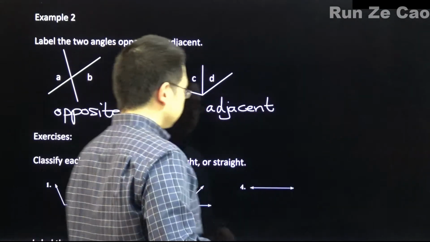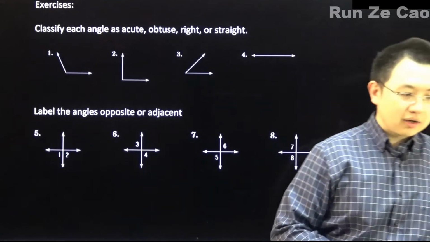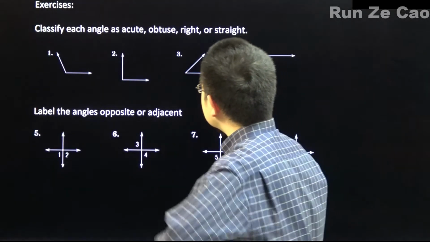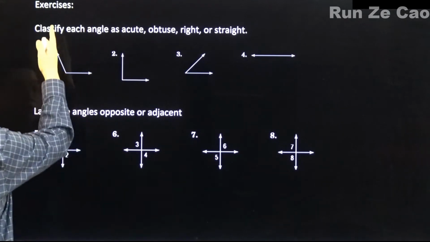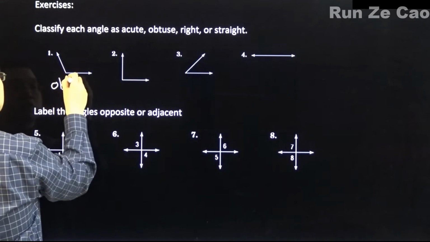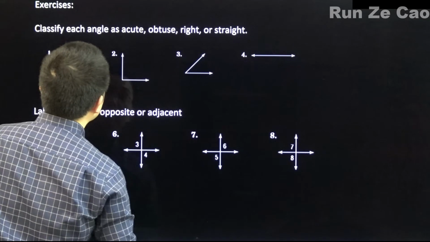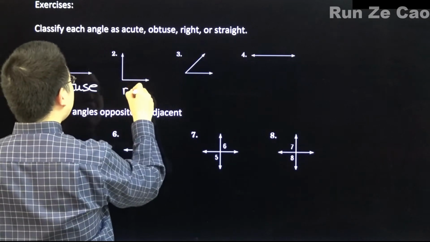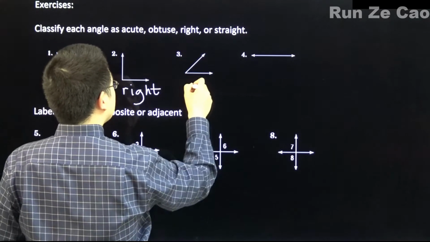Okay. Now let's classify these angles below as acute, obtuse, right, or straight. Well, this one is greater than 90 degrees. It's bigger than a right angle, so this is obtuse. This one, it's pretty clear that this is supposed to be a right angle. This is smaller than a right angle, so it's acute.